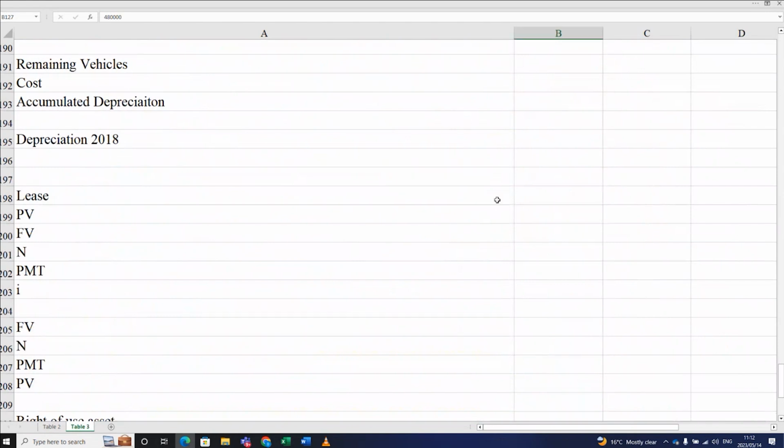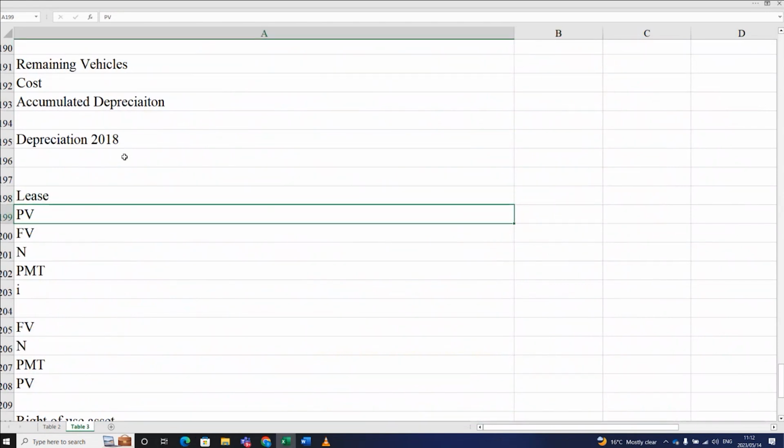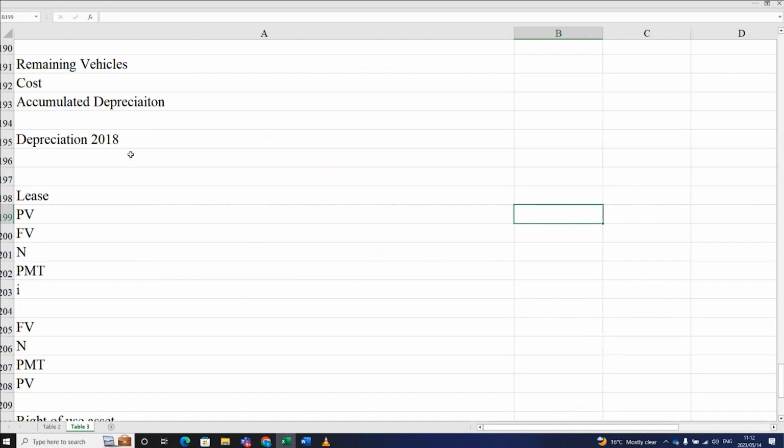The present value, from the lessor's perspective, is the fair value of the asset and direct costs incurred by the lessor. So we got from the question that the fair value of the asset is 1 million, and they have incurred 5,000 of directly attributable costs.